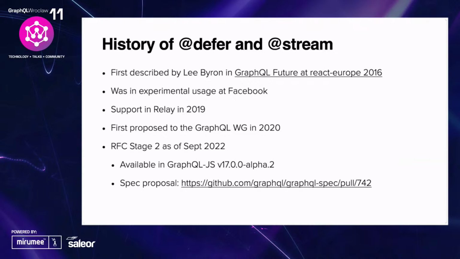We heard that Facebook was experimenting with it internally, but there wasn't any way to use it outside of Facebook. A few years later, we started seeing support for defer and stream being added to Relay, but there still weren't any open source servers that were compatible with it. So it wasn't something you could just start using in your code base.